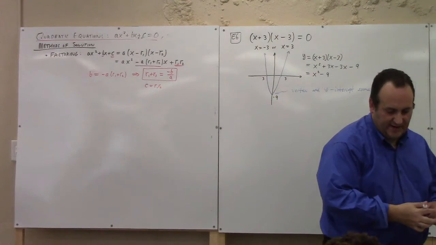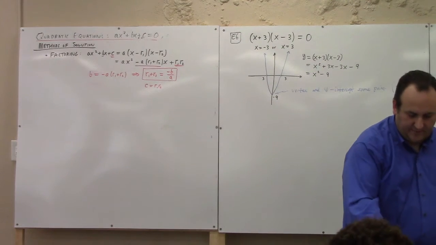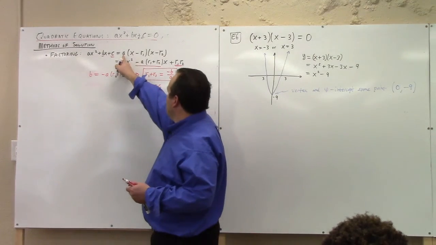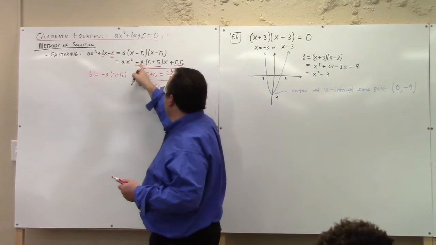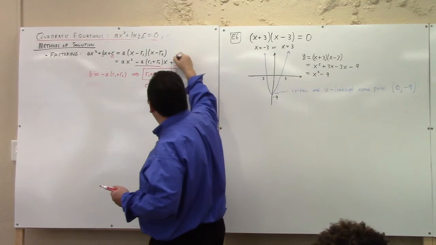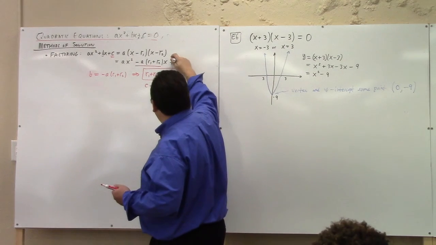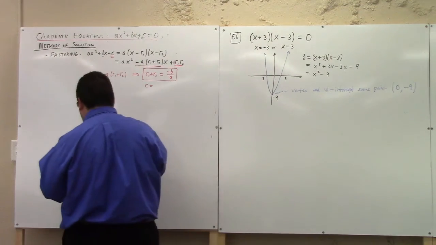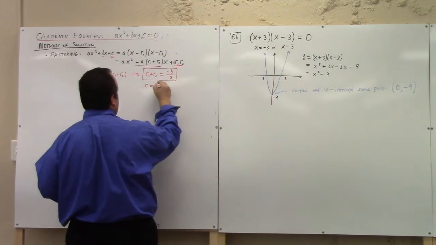A most grievous mistake I have made. I have failed to distribute the a. So we get a times x times x. We have the middle term that has a, but this last term also should have an a right here. Right? There should be an a there. So we generally have c is a times r1 r2.